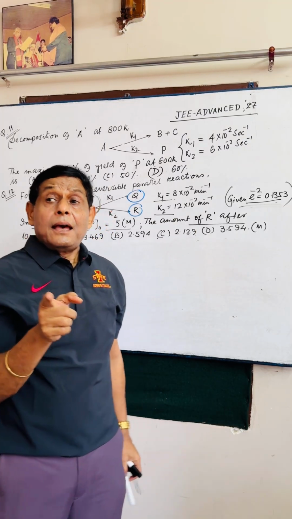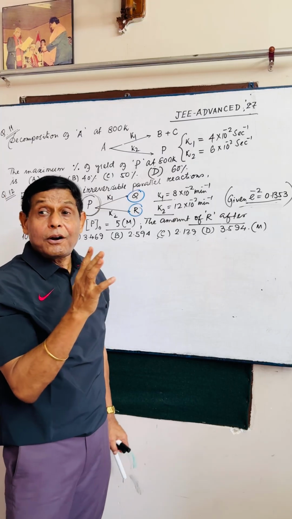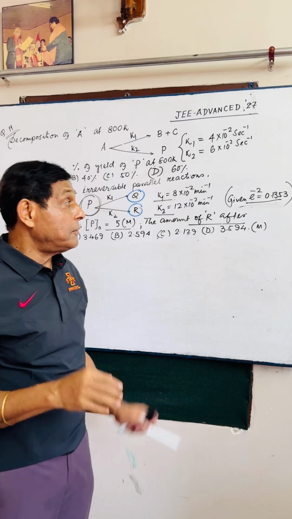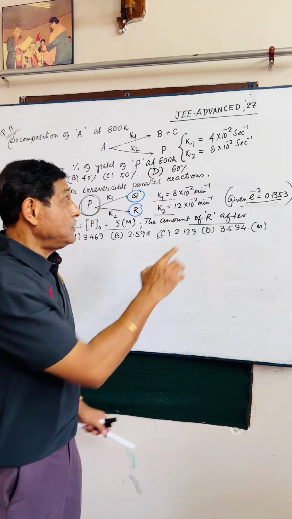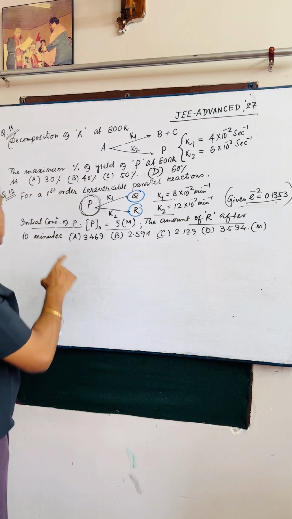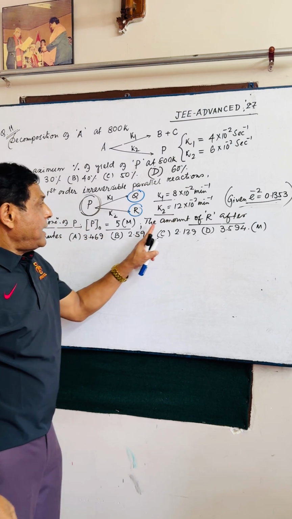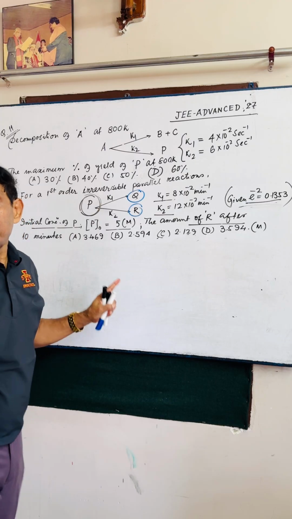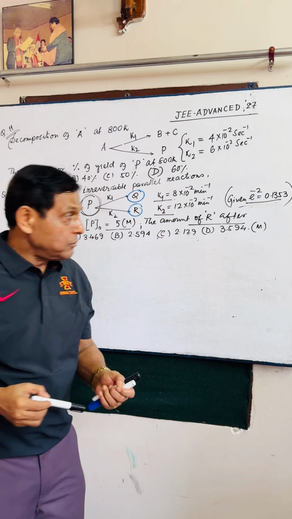Generally in the CBSE board examination you use the logarithmic form of the integrated rate law, but here you have to use the exponential form, otherwise you will not be able to solve this problem. That is the tricky part. The initial concentration P naught is 5 molar, and you have to determine the amount of R after 10 minutes. Four options are given. Now how to solve the first problem?